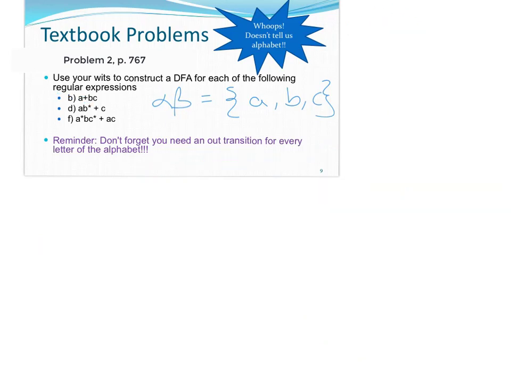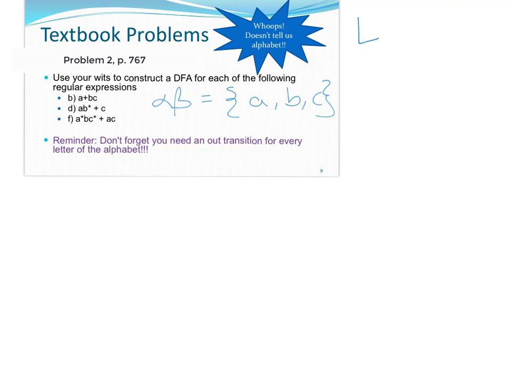Okay, so now we need to find a DFA for the regular expression AB star plus C, right, over the alphabet ABC. And AB star plus C means there's two ways you can make legal strings in our language, right?